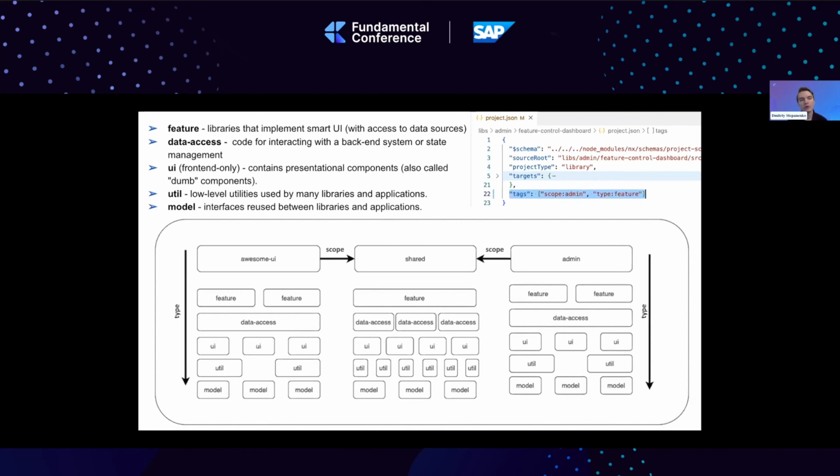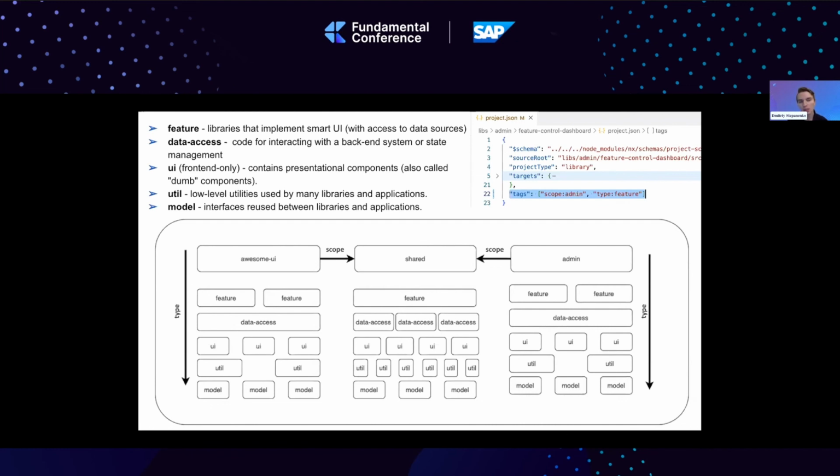The feature type should be used for libraries that implement smart UIs with access to data sources. It can be your pages, for example, of an application, because they're context aware. Data access libs should be used for code interacting with backend systems. It can also include code related to state management, maybe retrieving stuff from local storage, basically to work with data.